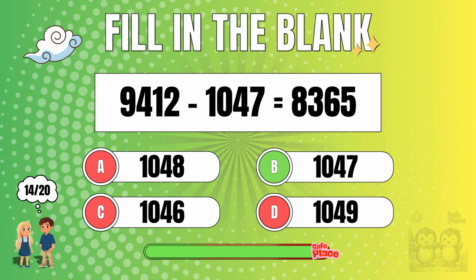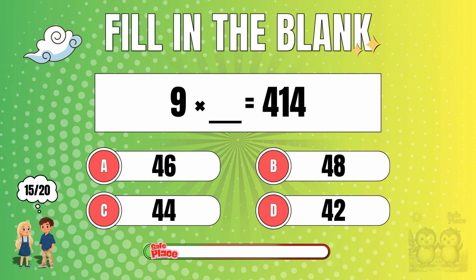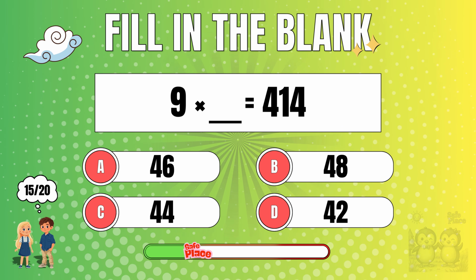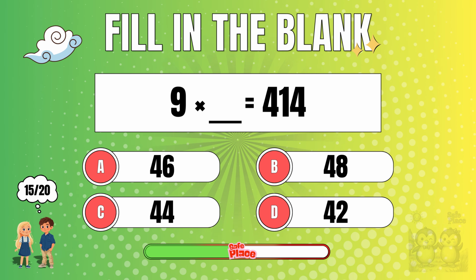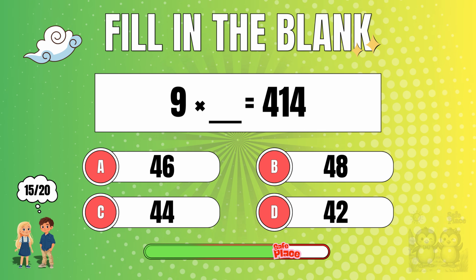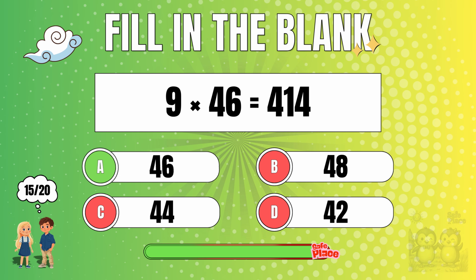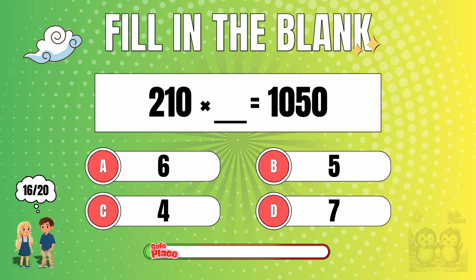The correct answer is 1,047. 9 times blank equals 414. 3, 2, 1. The missing number is 46. 210 times blank equals 1,050.